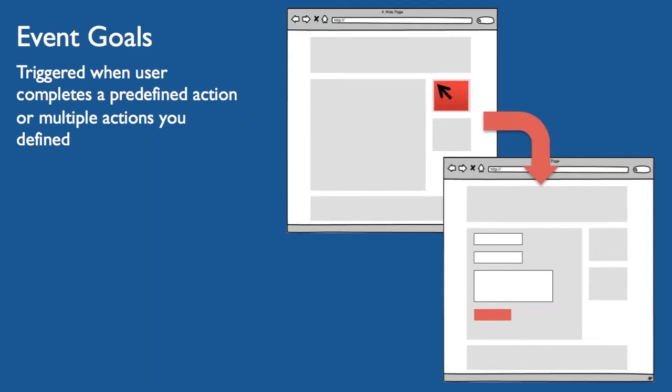So for example, if you have this sidebar banner in every page of your website which says check out our newsletter, and when a user clicks that banner, doesn't matter on which page they are, they're taken to the subscribe page, and then they submit that form. This is another action, this is the second action, and when they complete those 2 actions in that order, that is counted as a goal conversion.